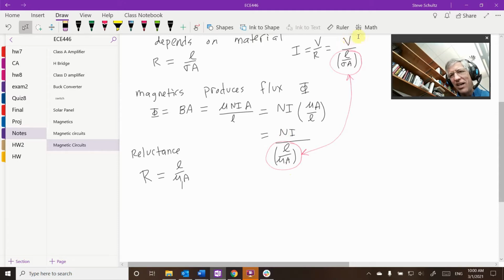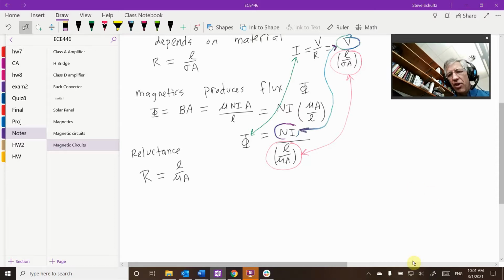So the Ni is similar to my voltage. And then this is my reluctance, and this was my flux, which means that now my current right here and my flux are equivalent. Just to finish all of this off, we can see that I have an equivalence between these two right here.